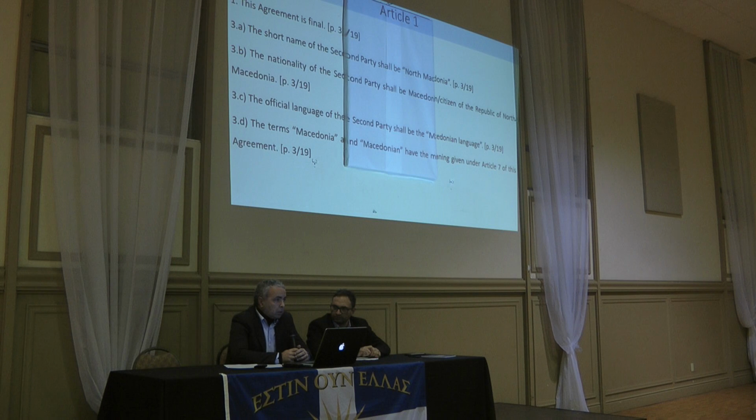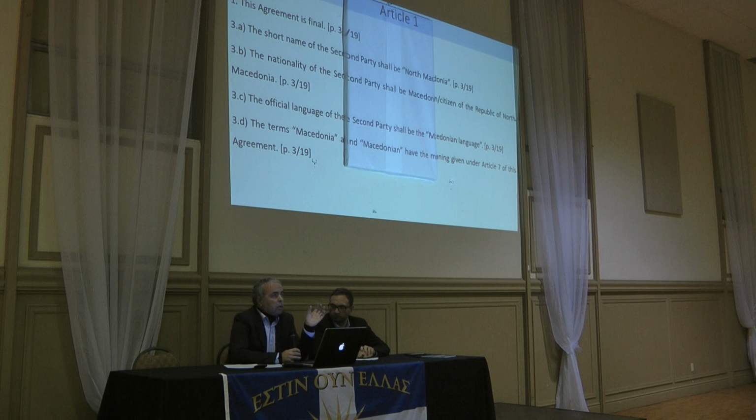So they can't do this. So you see at point 3, they shall be called North Macedonia, the second part. So the second part is in fact FYROM. So you have all the time to deduce what is the meaning of the word in this pre-agreement.